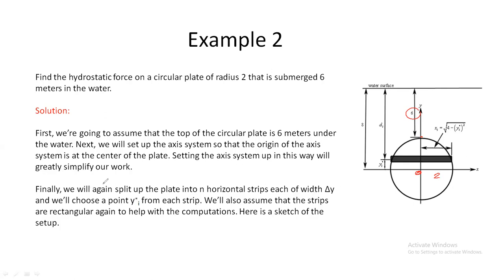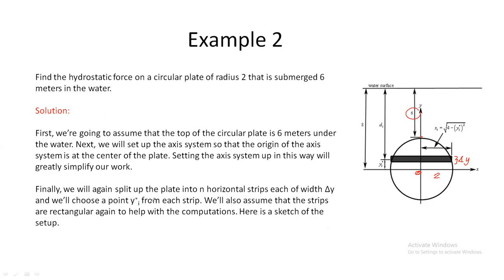Okay? Each of width delta y. So in this case, class, we went with the original orientation, which is x for horizontal and y for vertical. So the width of our strip will be delta y or dy.